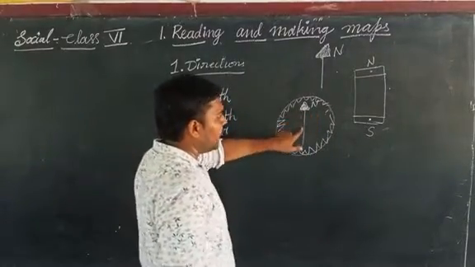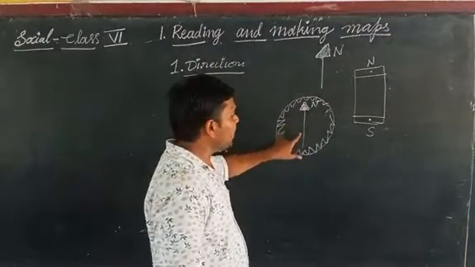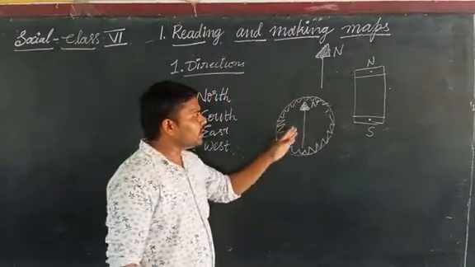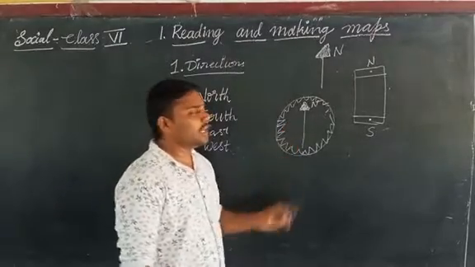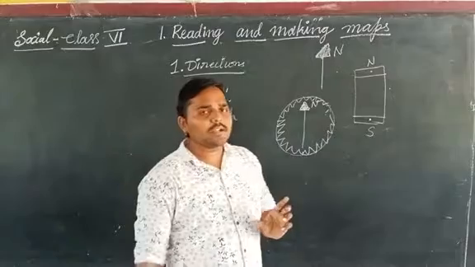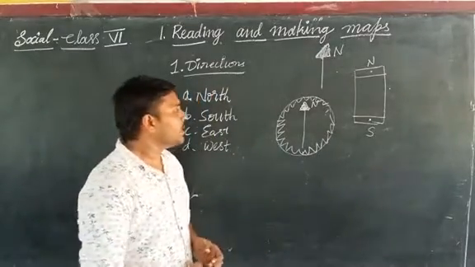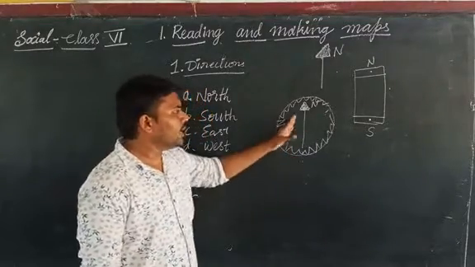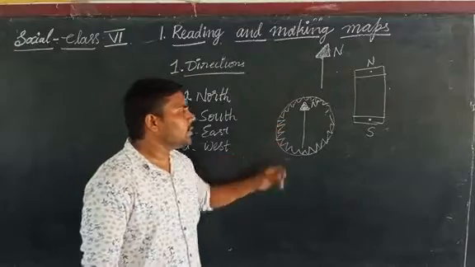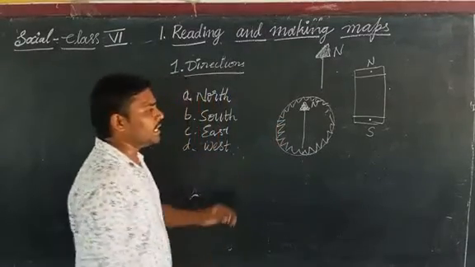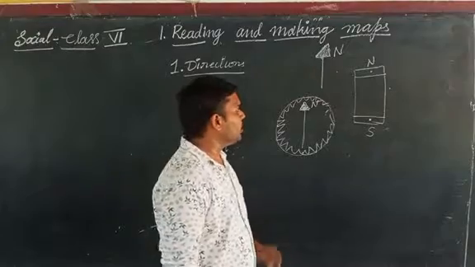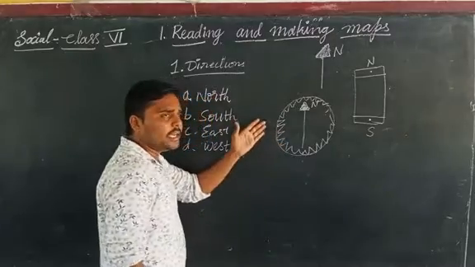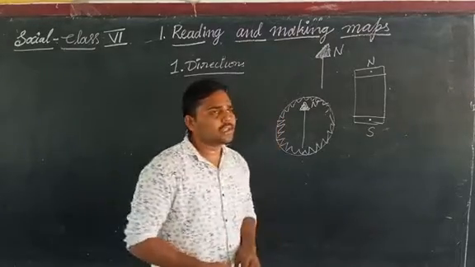Because this magnetic needle is made of a magnet. That's why it is always showing the north direction of the earth, because our earth also acts like a magnet. That's why the magnetic compass is always showing the north direction when we fix it on a free falling body.